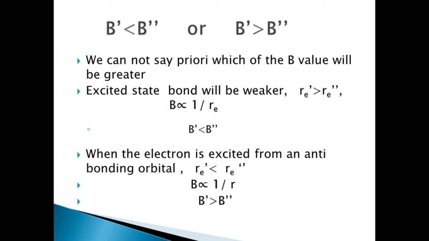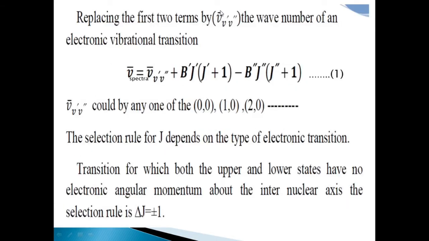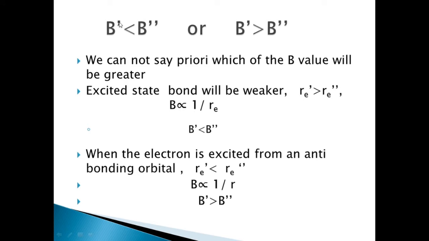So before going to the rotational fine structure, we should have knowledge about the rotational constant value, that means the rotational constant value in the ground state and the excited state. Is the rotational constant of the excited state less than the ground state, or greater than the ground state?